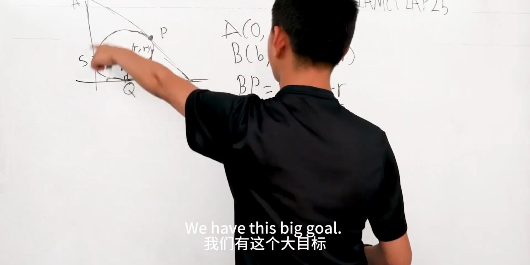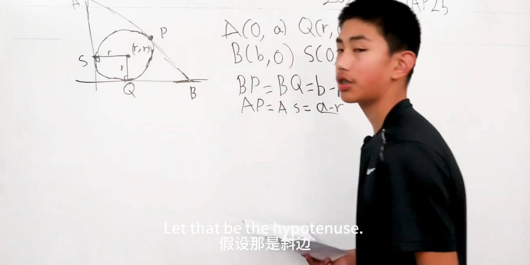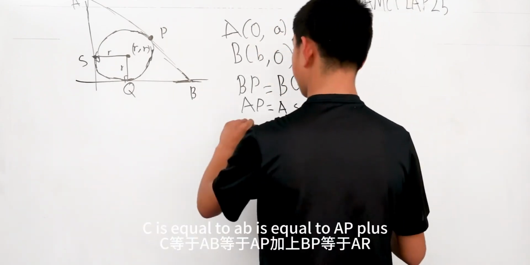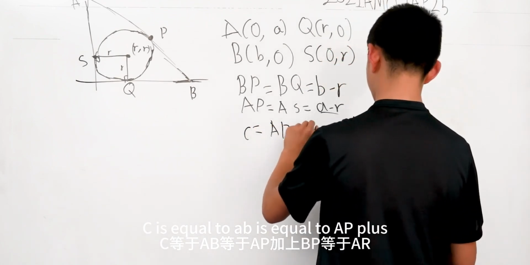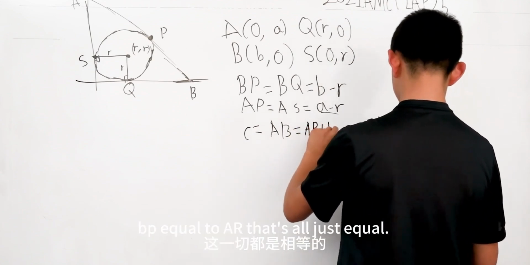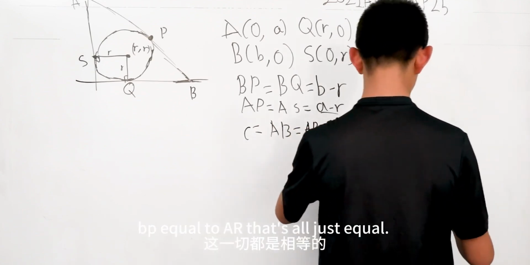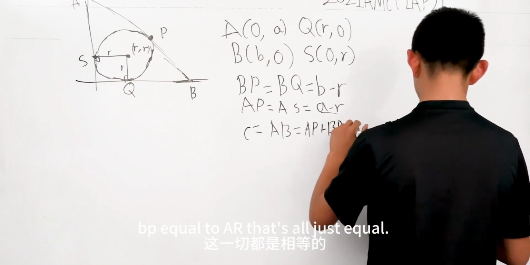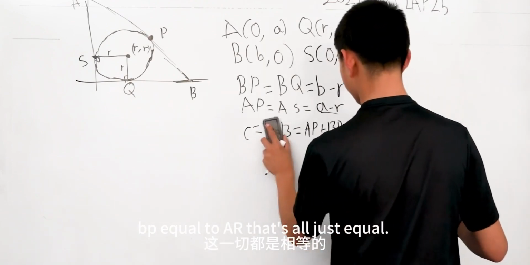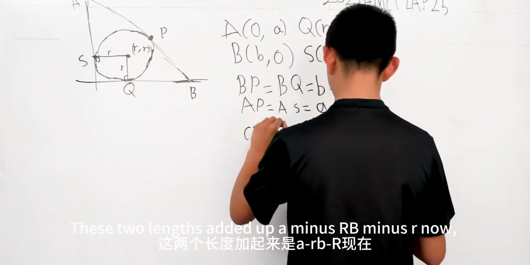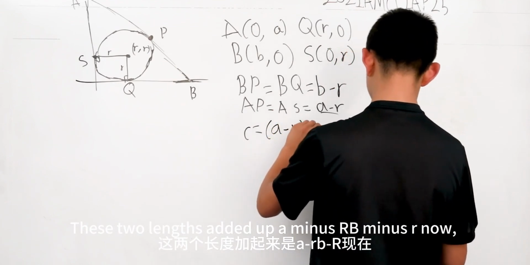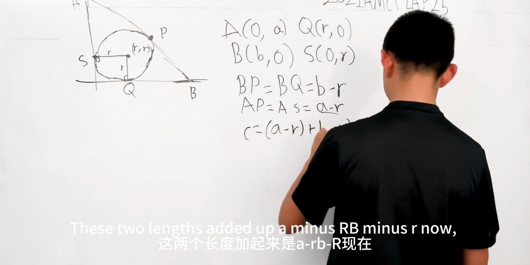We have this big hypotenuse. Let c be equal to AB, which is AP plus BP. That's all just equal to these two lengths added up: a minus r plus b minus r.